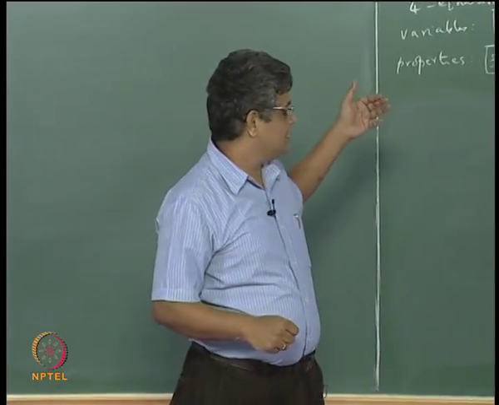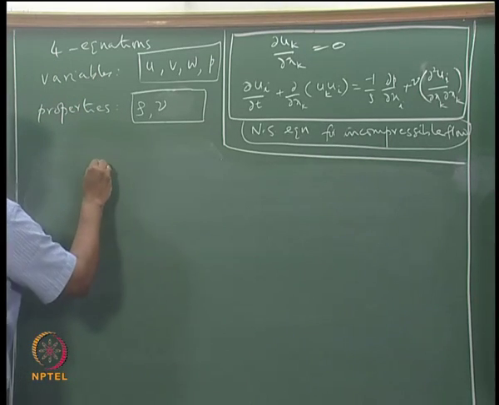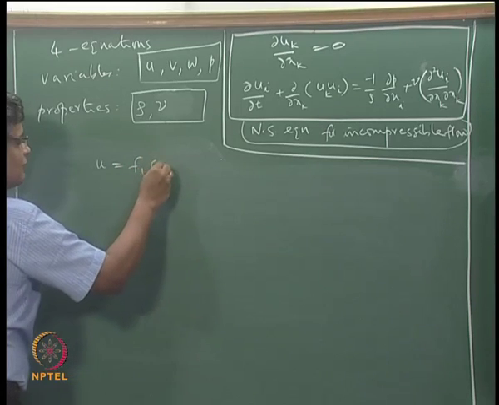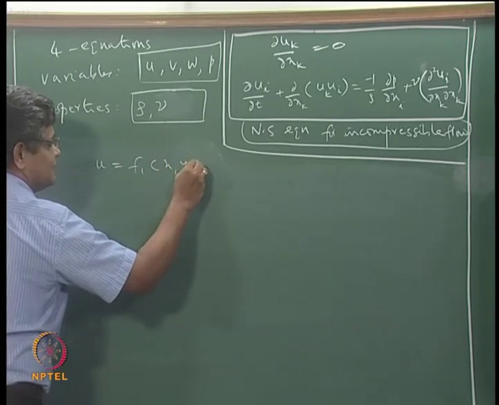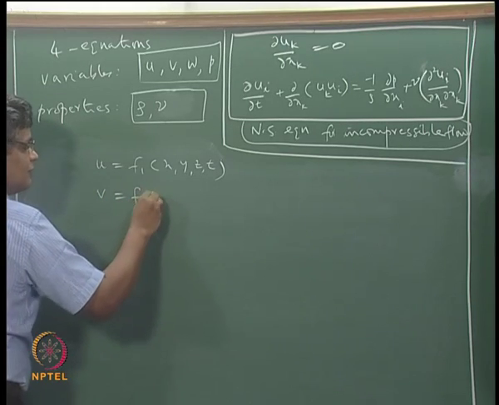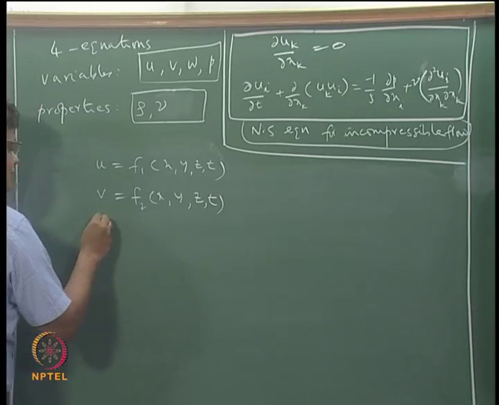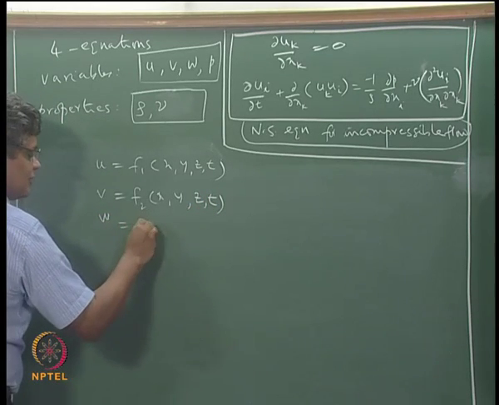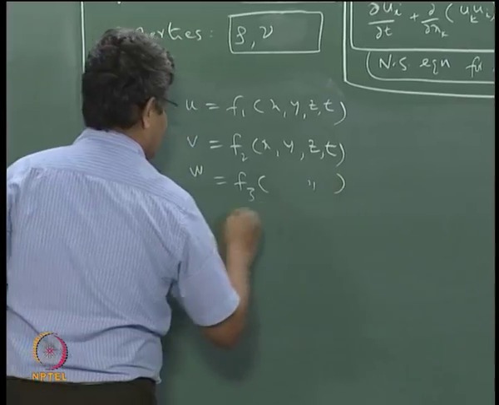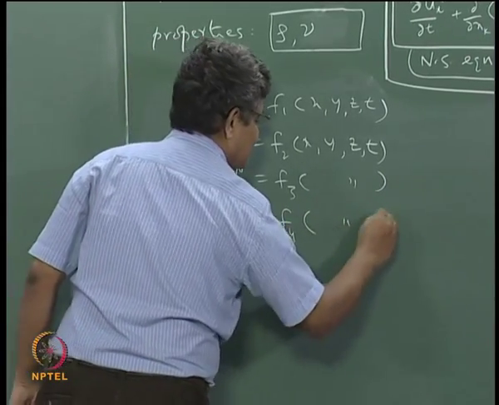And the equations are also such that if we solve these equations, then we would be getting u as a function of x, y, z and t, v as a function of x, y, z and t, w also as a function of x, y, z and t, and p also as a function of x, y, z and t.